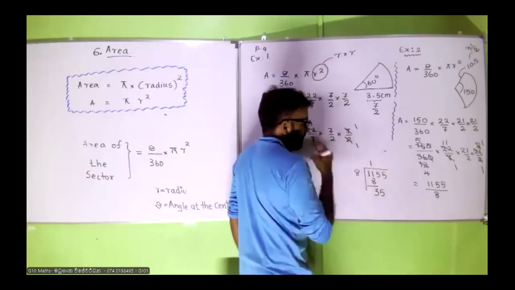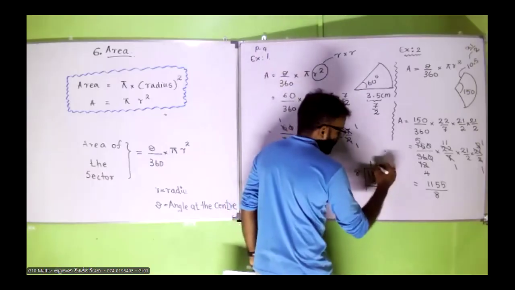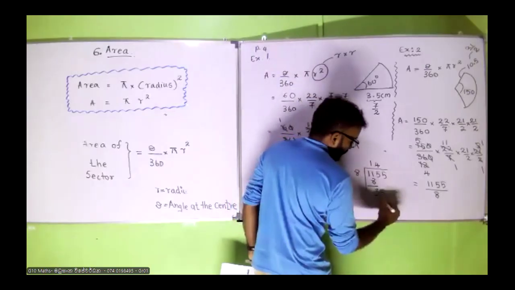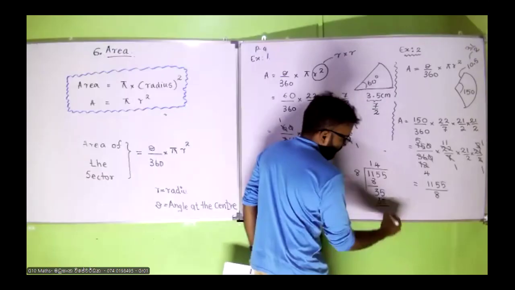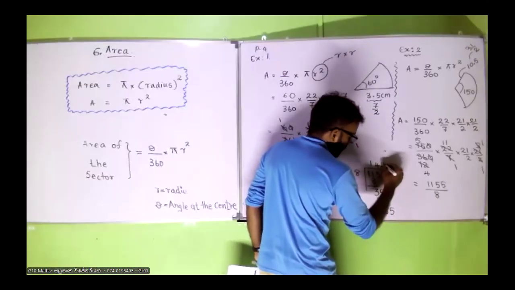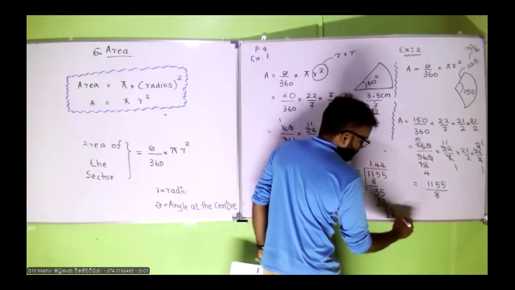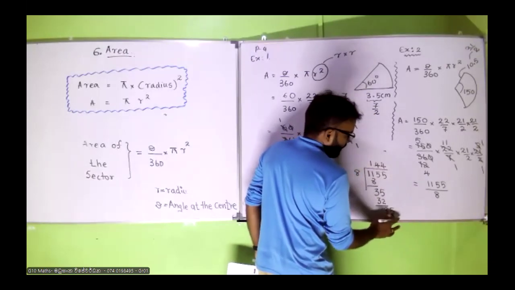How many 8s are there in 35? 8 times 4 is 32. Remainder again 3. Again 4, 32, again remainder 3.